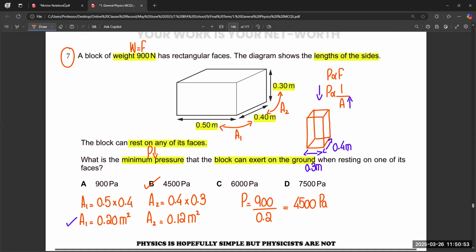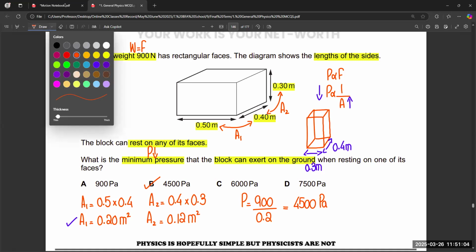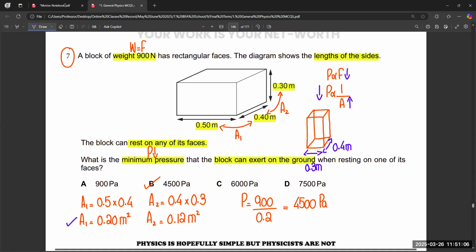To find out the minimum pressure, either we have to decrease the force, because if we decrease the force, let's suppose, pressure decreases, but force is not changing. So this option is not possible right now in this question, right? We are not able to change the force quantity.